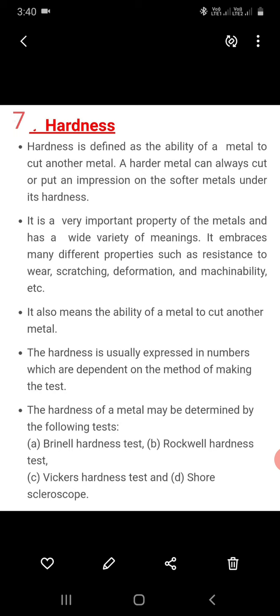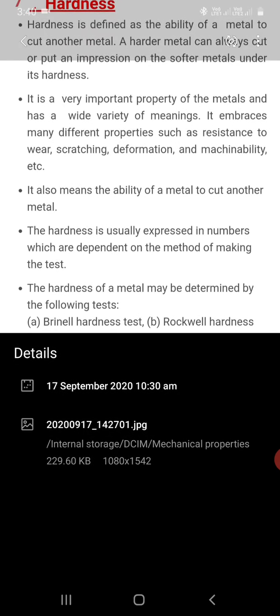It embraces many different properties such as resistance to wear, scratching, deformation, and machinability. It also means the ability of a material to cut another metal. Hardness is usually expressed in numbers which are dependent on the method of making the test.